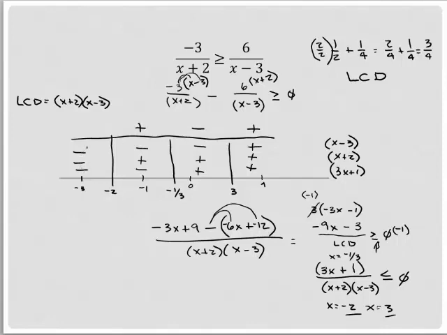Negative times a negative is a positive times a negative is a negative. All right. Now be very, very careful. Remember back here we changed the sign because we multiplied by negative 1. So when we have a less than, which signs do we want? Positive or negative? Negative.